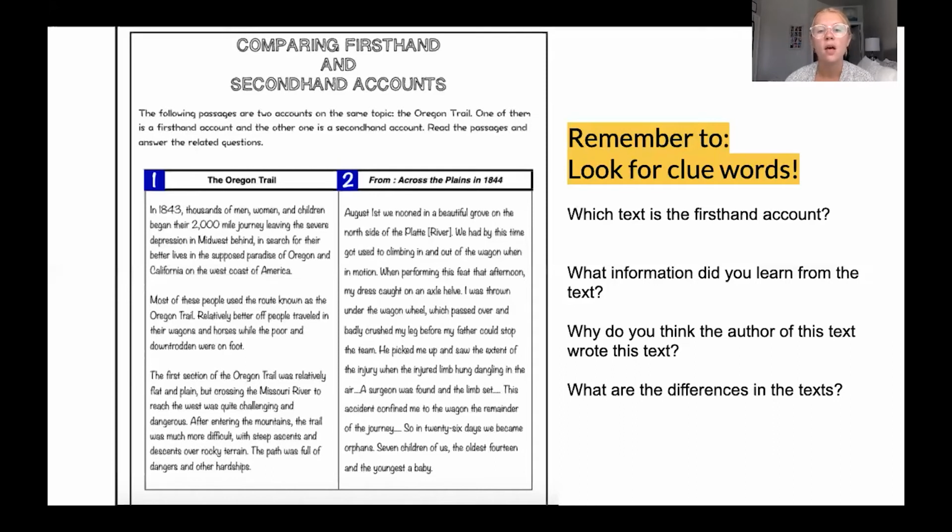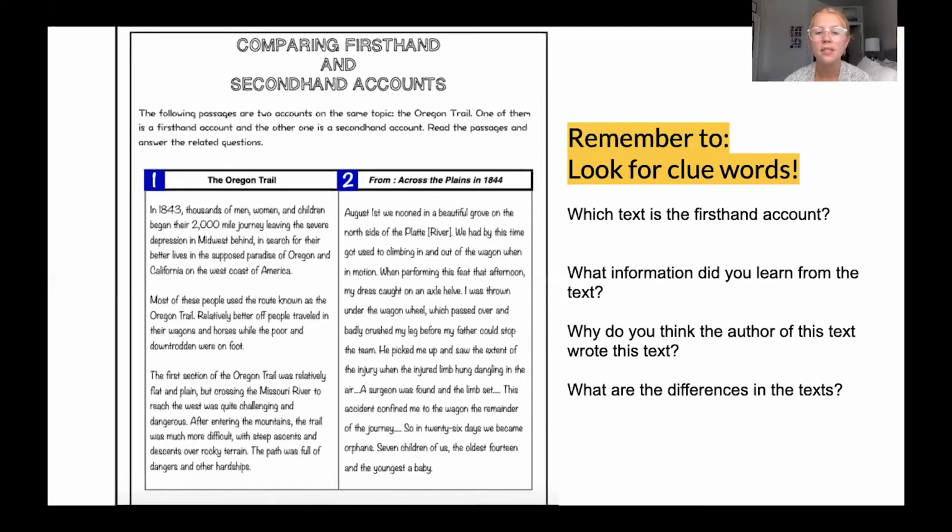This text is from Across the Plains in 1844. August 1st, we nooned in a beautiful grove on the north side of the Platte, which is a river. We had by this time got used to climbing in and out of the wagon when in motion. When performing this feat that afternoon, my dress caught on the axle helve. I was thrown under the wagon wheel, which passed over and badly crushed my leg before my father could stop the team.